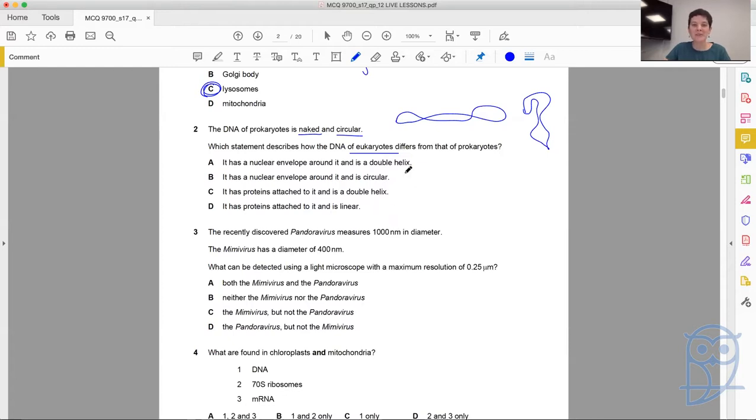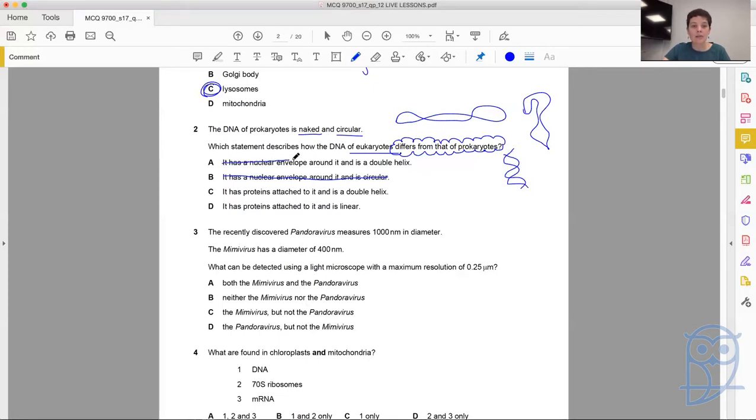So this is one of those ones where you've really got to think nicely. What can we knock out immediately? Nuclear envelope and circular. We don't have a circular DNA. So remember this bit here that says differs from that of prokaryotes. Well, our prokaryote is naked and circular DNA, but it is still a double helix.